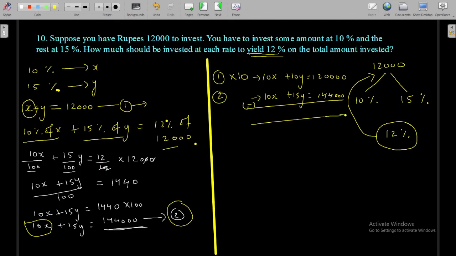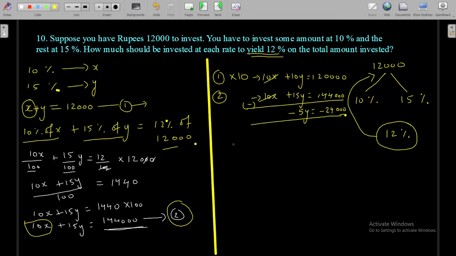When you subtract, the 10x will go and you will have minus 5y is equal to minus 24,000.